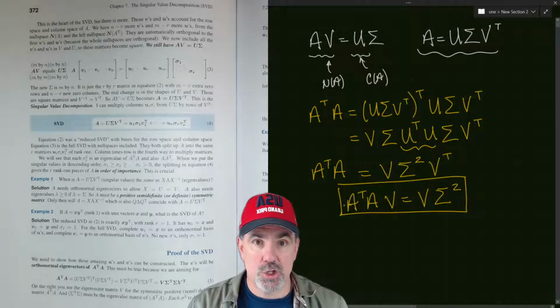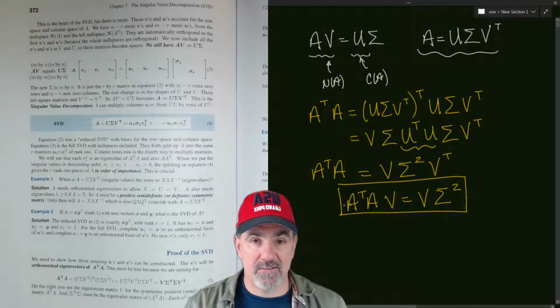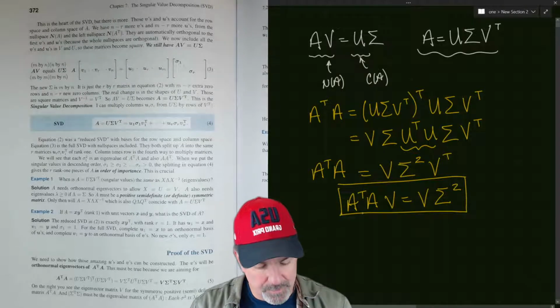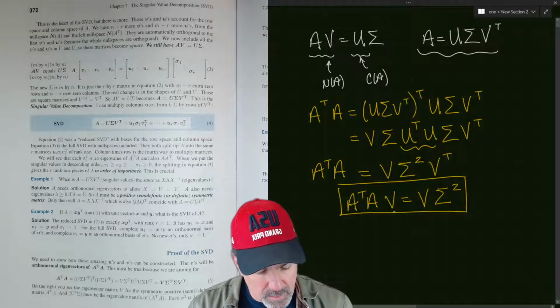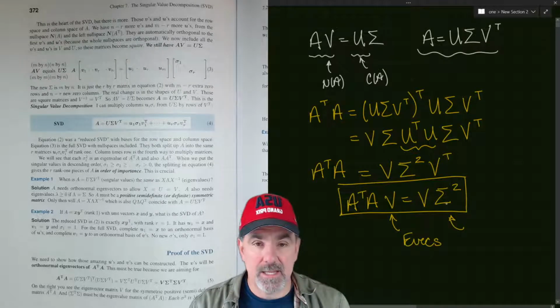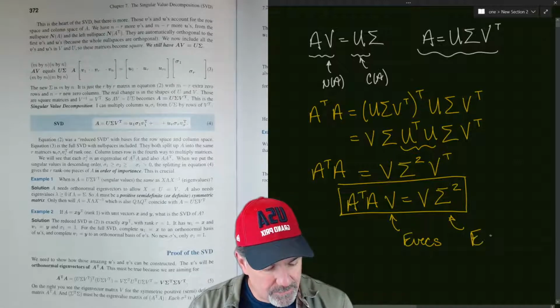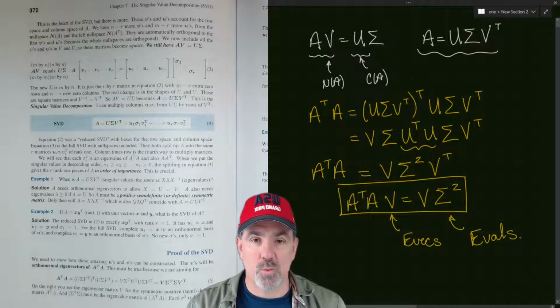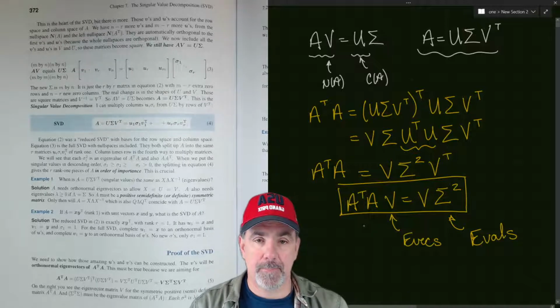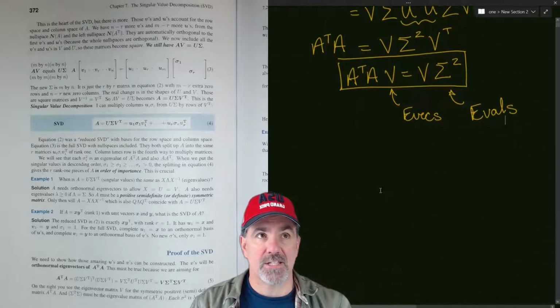Right, this is just like an eigenvalue eigenvector decomposition. A transpose A is diagonalizable. And we notice that V contains the eigenvectors, and the sigma squared values are the eigenvalues. This is why we approach the problem by solving with A transpose A and looking at the eigensystem.